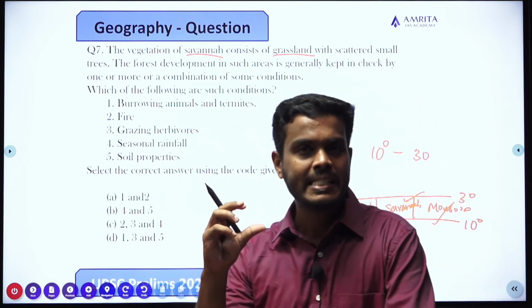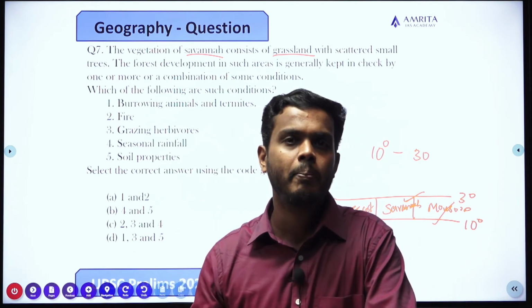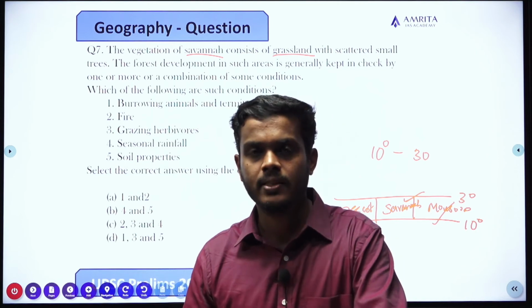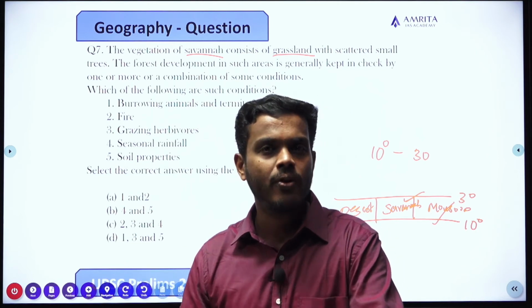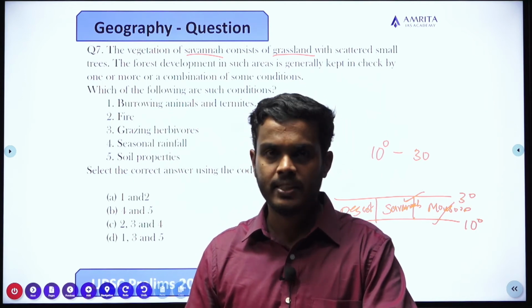So there will be seasonal rainfall over there, but it will be less compared to the monsoonal region, and this seasonal rainfall in effect affects the distribution of vegetation.